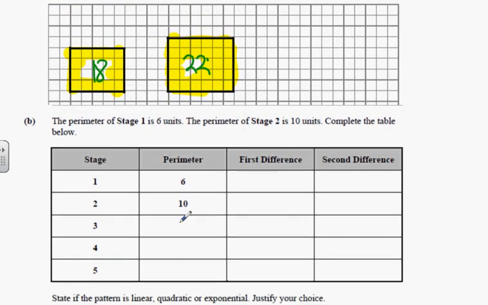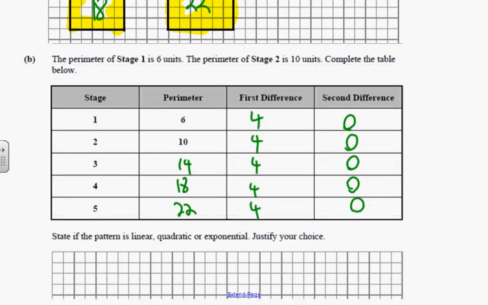Yeah, it goes up in 4s, doesn't it? First difference. Second difference. And if the second difference is 0, what type of sequence is it? Linear. It's a linear sequence when the first difference is always the same. Everybody get that? Linear sequence.